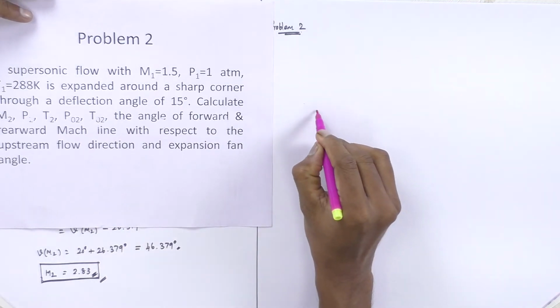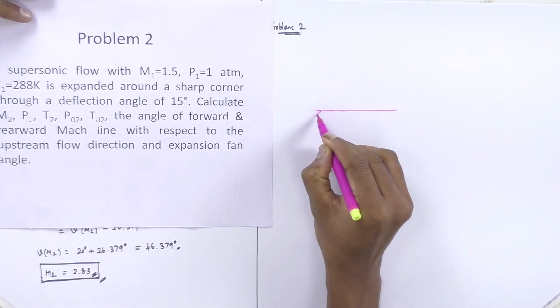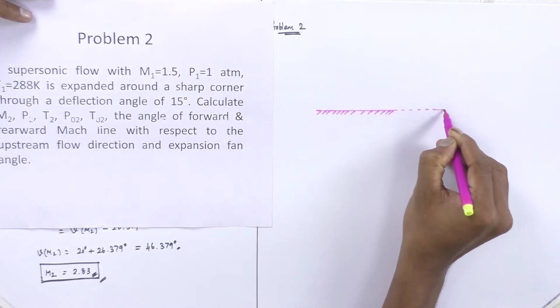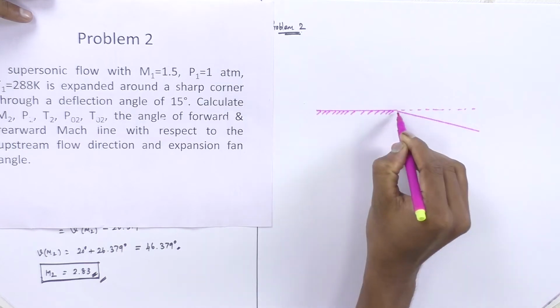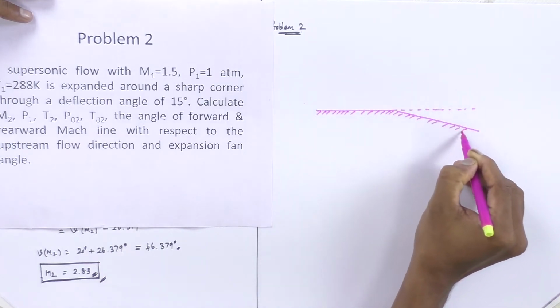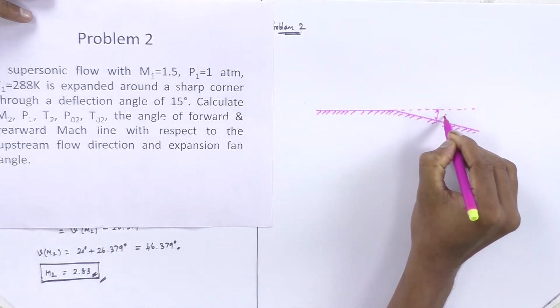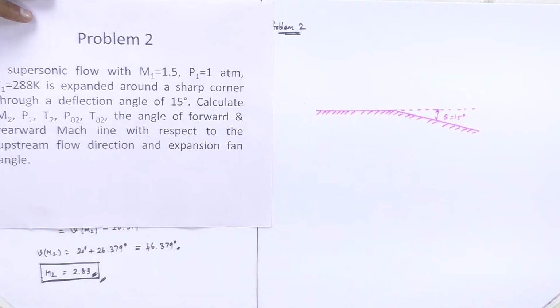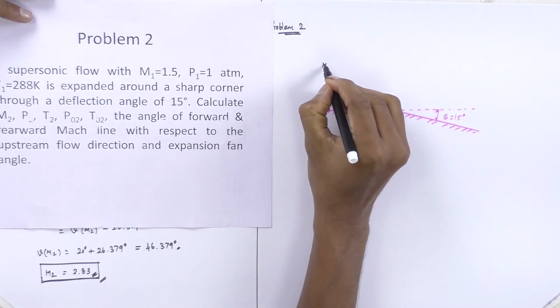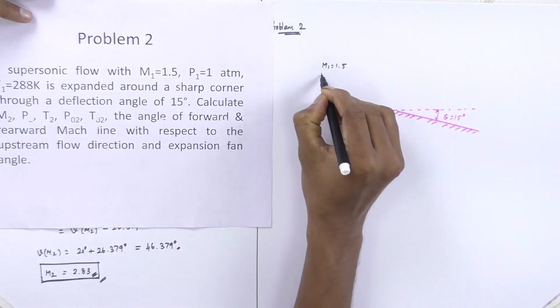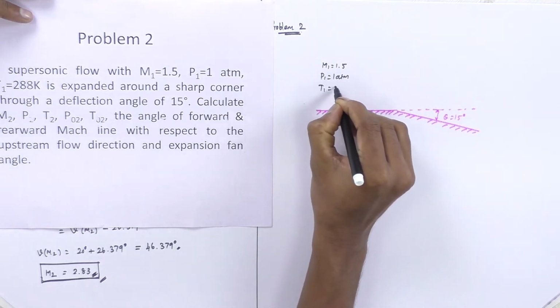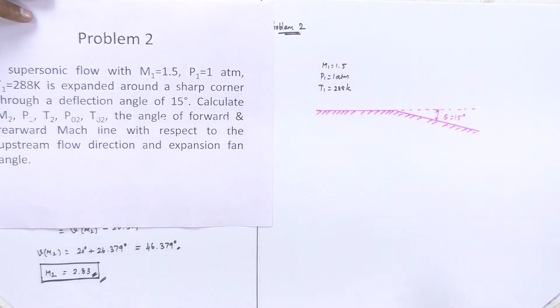Now let us consider a sharp expansion corner of 15 degree. So here theta is equal to 15 degree. At upstream we have M1 that is equal to 1.5, P1 is equal to 1 atmospheric pressure, and T1 is equal to 288 Kelvin. So this will be region 1.